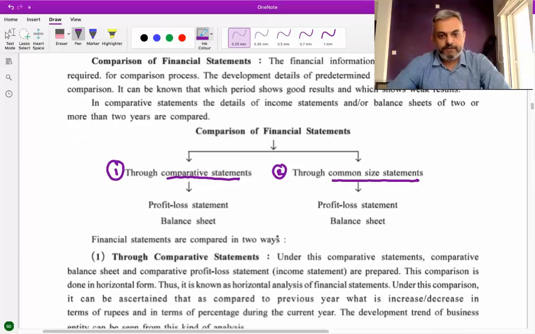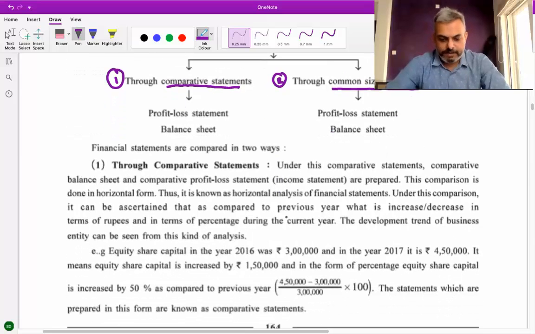Now first let's go to comparative statement, because that is what we are going to see today, the horizontal part. Under this comparative statement, comparative balance sheet and comparative profit and loss are prepared. This comparison is done in horizontal form. Thus, it is known as horizontal analysis of financial statement.